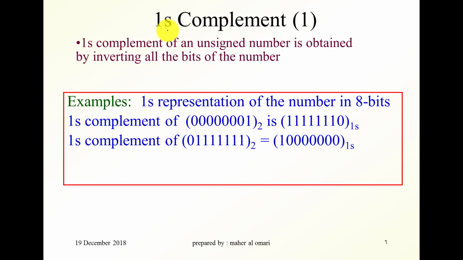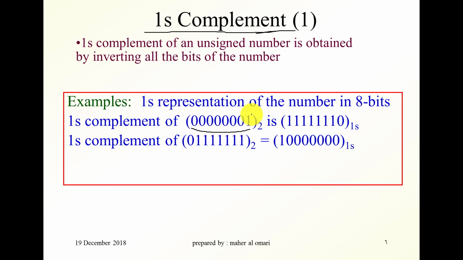Okay, the second notation for negative numbers in digital systems is using the ones complement. What is the ones complement of a number? This is a binary number, and we know that digital systems have numbers as binaries, as zeros and ones.